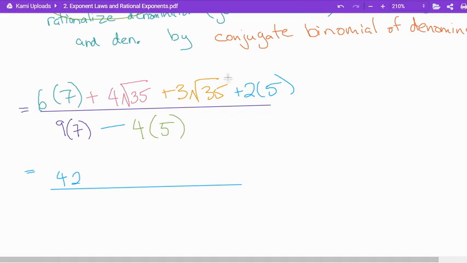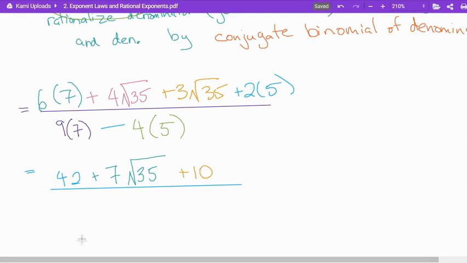Okay, Lewis. What do I get with these two? Very close. So you do get 7. And watch this. What do you do with the root, Lewis? You don't change it. So it stays 35. Good. You just add the coefficients. And then 2 times 5 is plus 10.